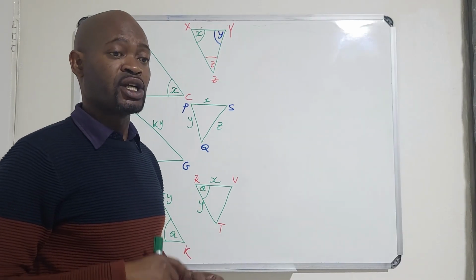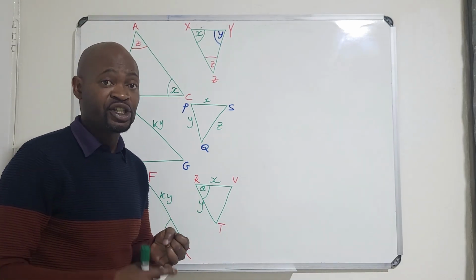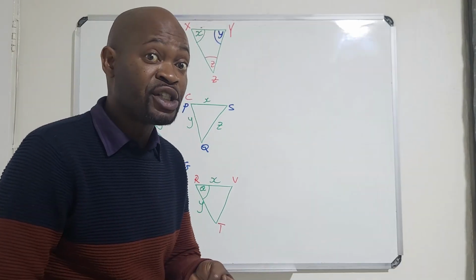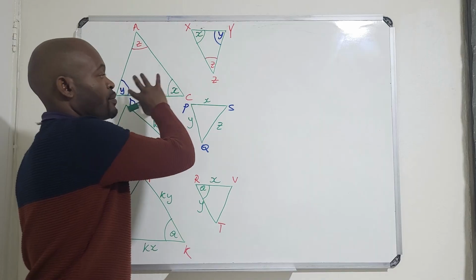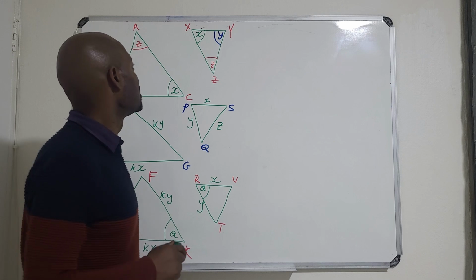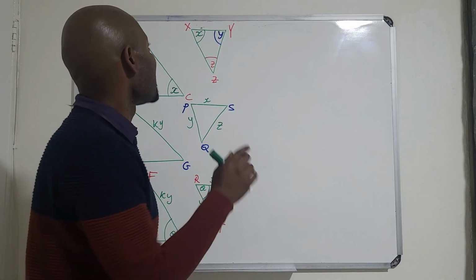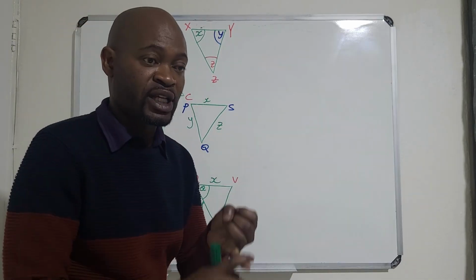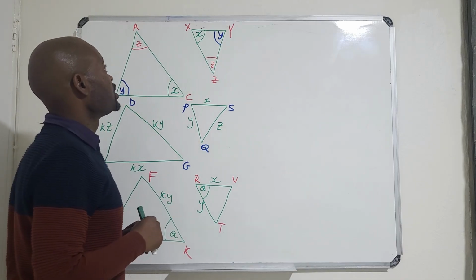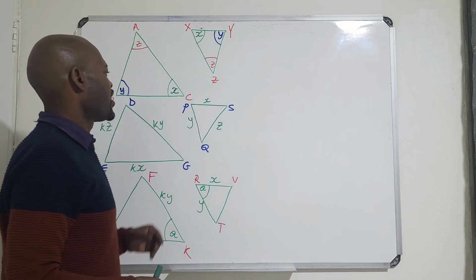Congruency, we know that the two shapes must have the same shape and the same size. But with similarity, we must have the same shape but different sizes. As we continue with geometry and measurement, we are going to see that polygons are similar when they've got the same shape but different sizes. So it means that one shape is an enlargement of another shape.